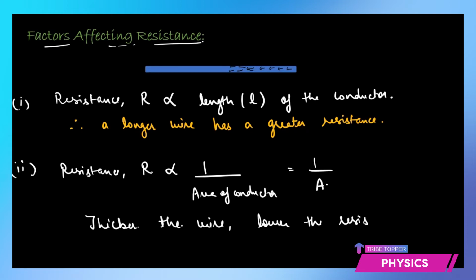You might have seen in your house a few electric appliances like your laptop charger. It generally has a thin and long wire because the current requirement for a laptop charger is very small. So in that case, the resistance should be high, and in order to have a higher resistance, the wire should be longer and thinner.